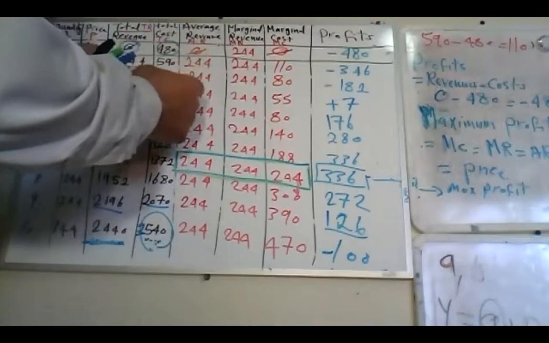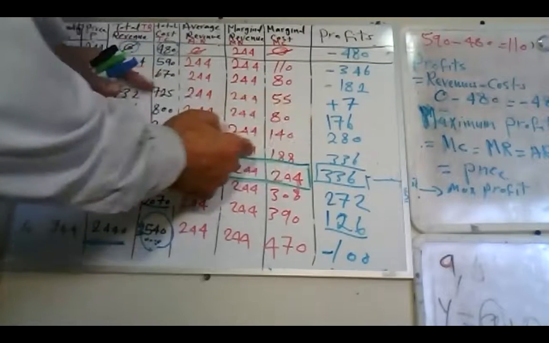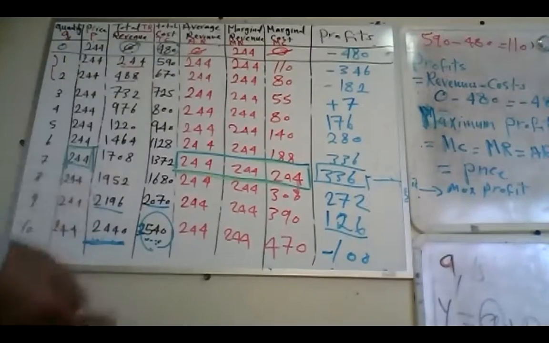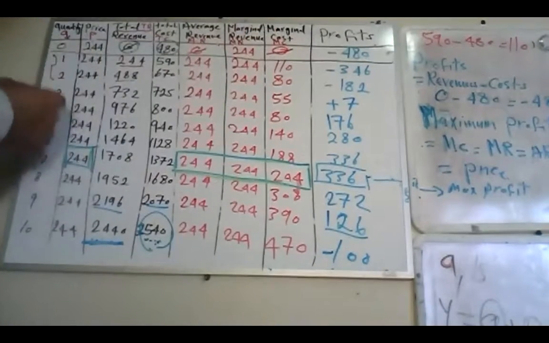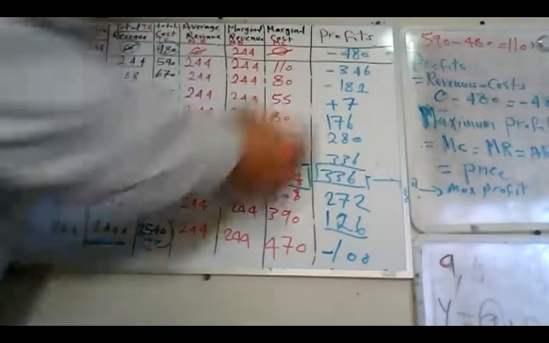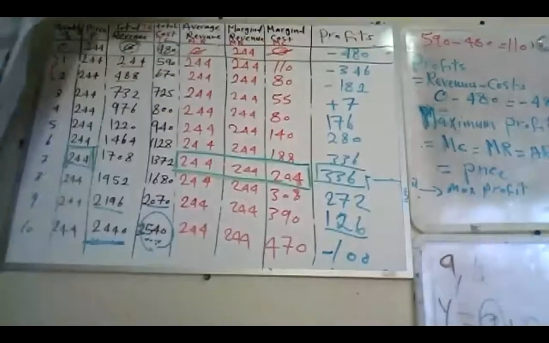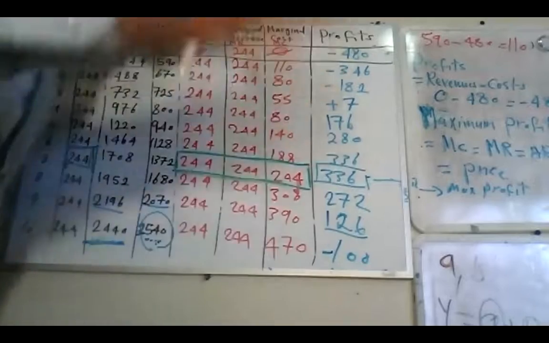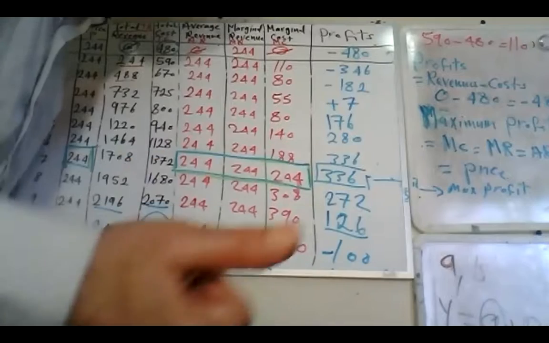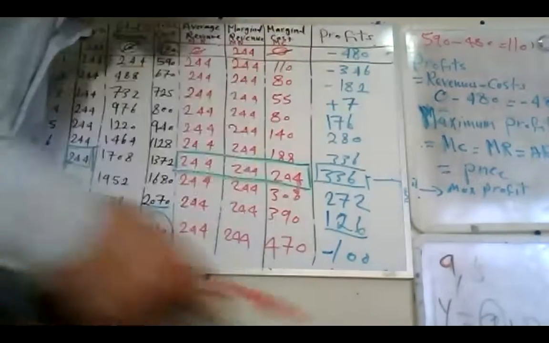Then, for example, 725 minus 670 will give me a marginal cost of 55, and go on for the rest. I will deduct the total from the preceding number of the same total to get the marginal. Okay.